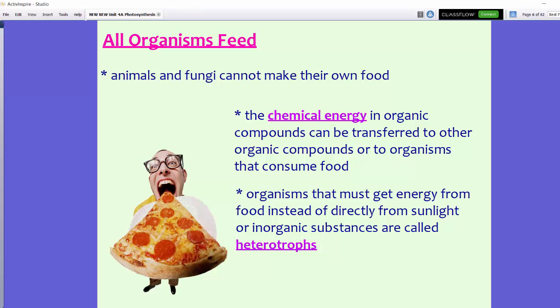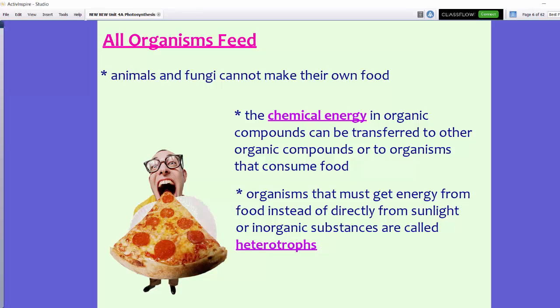Now, animals and fungi cannot make their own food. We've discussed this before. So the chemical energy and organic compounds that animals and fungi eat can be transferred to organisms that consume food. So the chemical energy, let's say from plants, actually goes into heterotrophs, us.